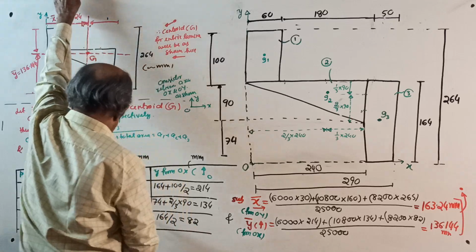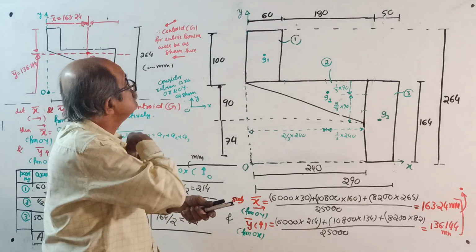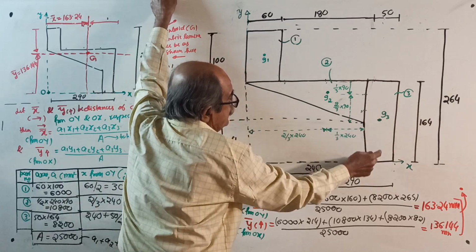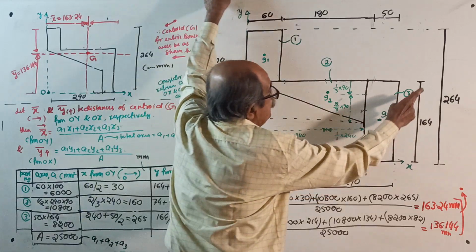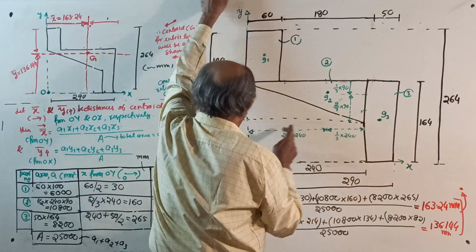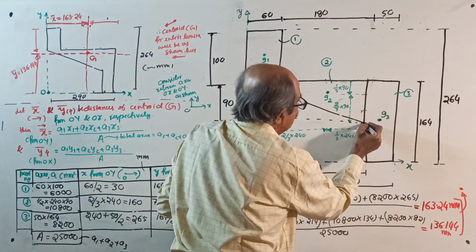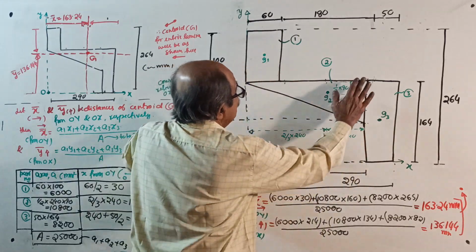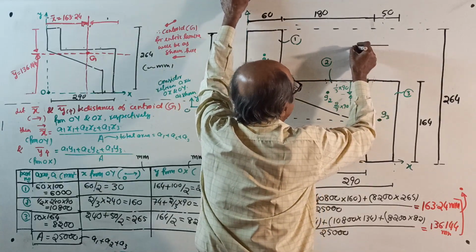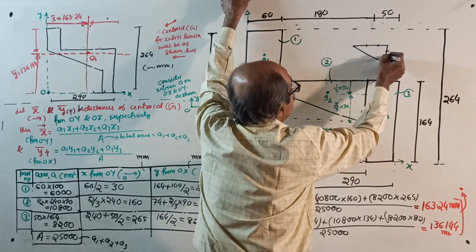Now very clearly, see here. I won't explain, it wastes too much time. Centroid G1 is at the exact center, G3 center here. This is 74, this is 164. Half of 164 is 82, so it is slightly above 74. And for this triangle, divide into 3 parts.